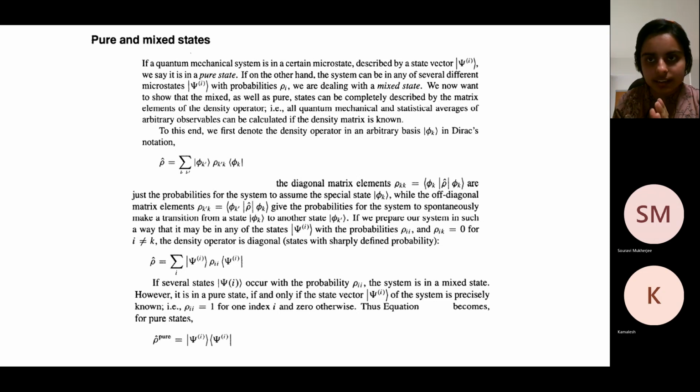That is a linearly superimposed state, but that state is defined, and you know that you are in that particular microstate. But if you are not sure about what microstate you are in, then it will be a mixed state.